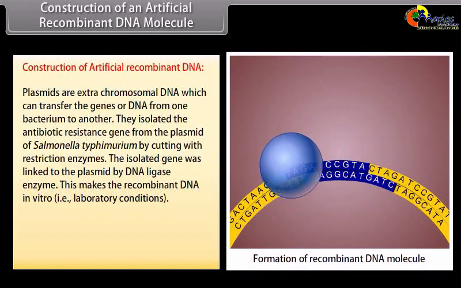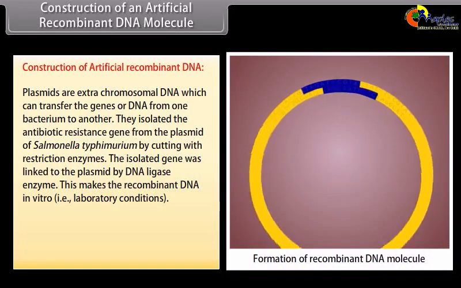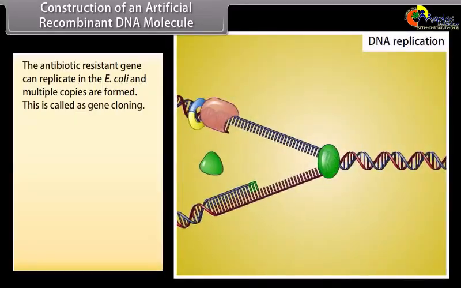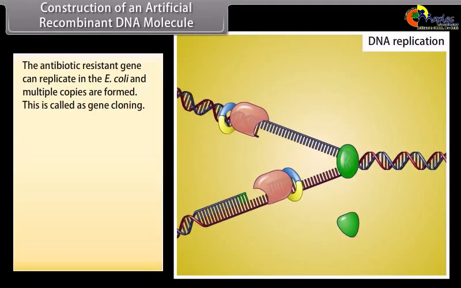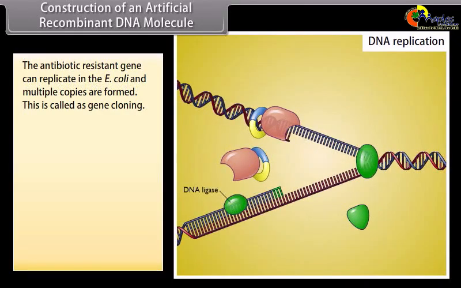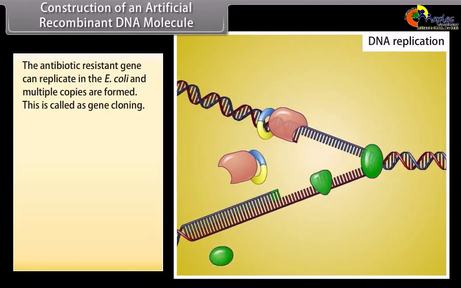This makes the recombinant DNA in vitro, that is, laboratory conditions. This recombinant DNA was transferred to the bacteria Escherichia coli, closely related to Salmonella. The antibiotic resistance gene can replicate in the E. coli, and multiple copies are formed. This is called as gene cloning.